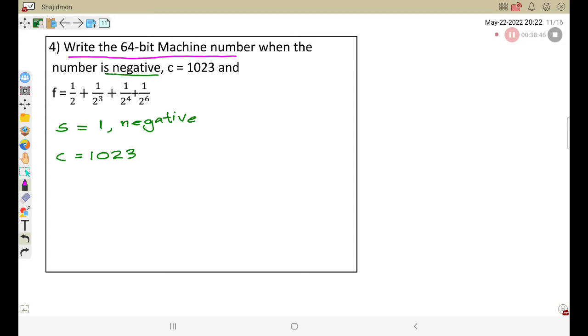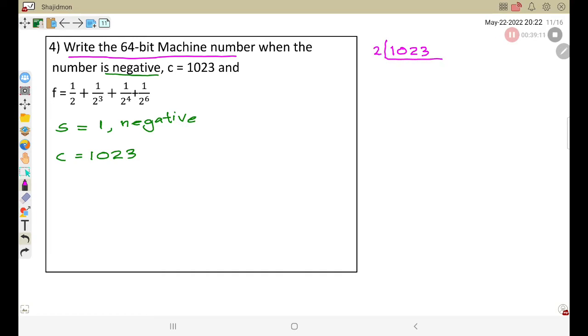We will do that one. All of you remember, last time we changed binary number into decimal number: 2 power the position of the number plus 2 power the position of the number. Now if you want decimal to binary conversion, whatever the decimal number, 1023, is divided by the number 2.